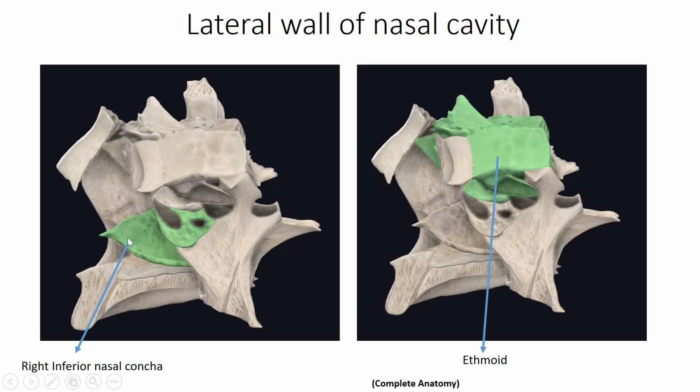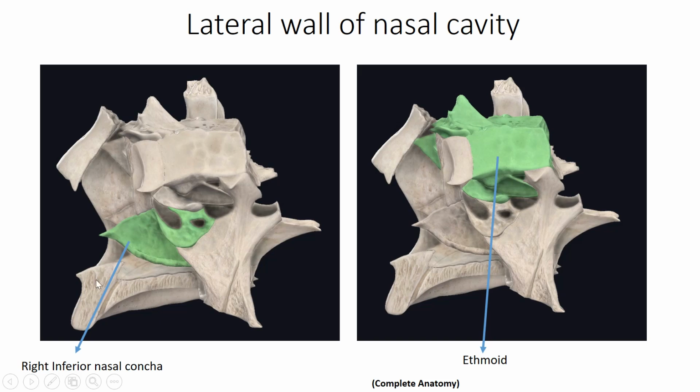These two diagrams have been taken from Complete Anatomy, and it may look a bit complicated, but what are the structures that we need to discriminate? Here we have the hard palate.